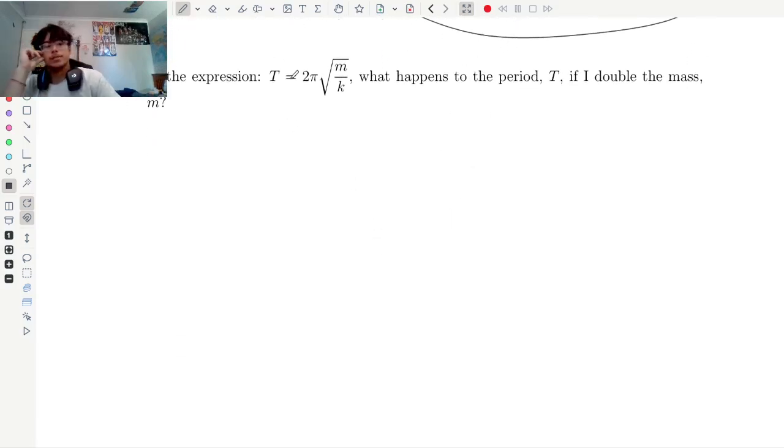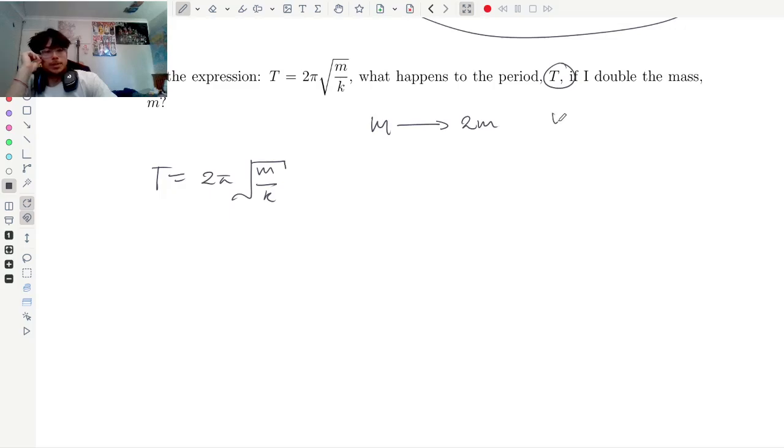In the expression t equals 2 pi square root of m on k, what happens to the period t if I double the mass m? So I have initially 2 pi square root of m on k. What happens if I go from m to 2m? What happens to t? Well, let's just put 2m into the equation.